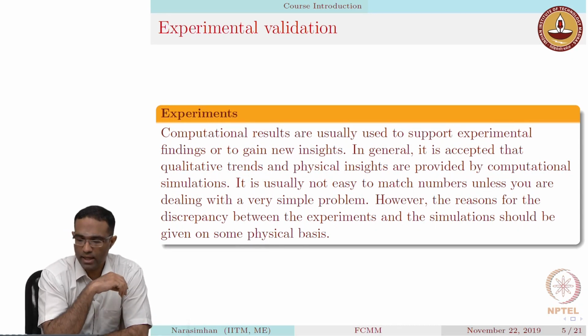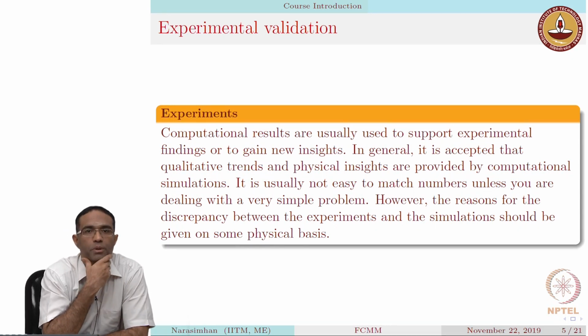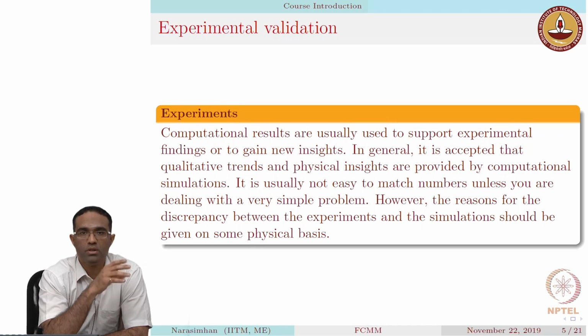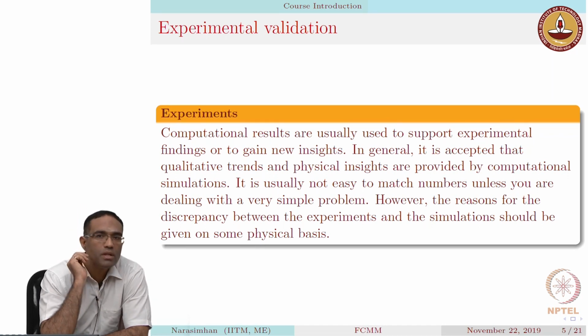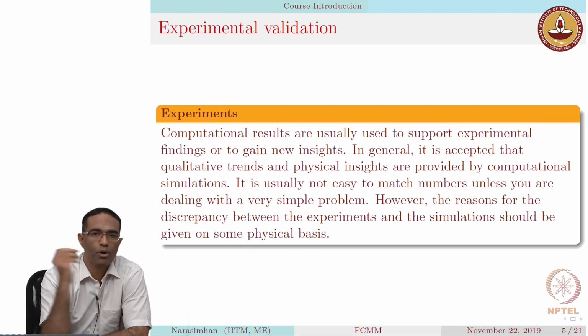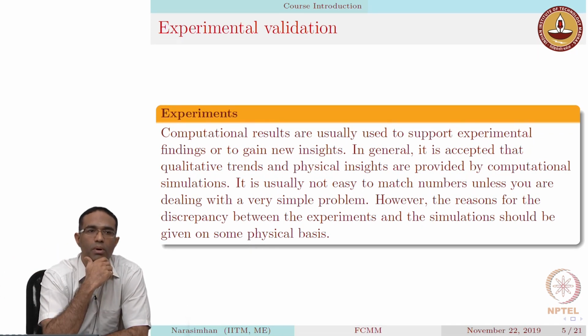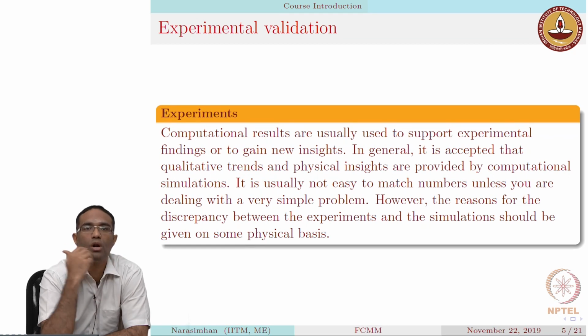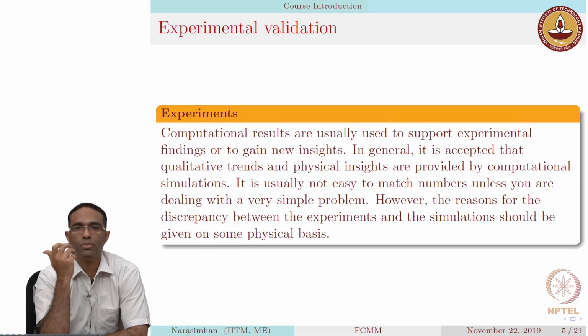That being said, it doesn't necessarily mean that experiments are not important. They are extremely important. The discrepancy that you observe between a computational result and that of the experiment must properly be analyzed, and you must be able to give some sort of reason as to why your simulations are not matching the experiments.